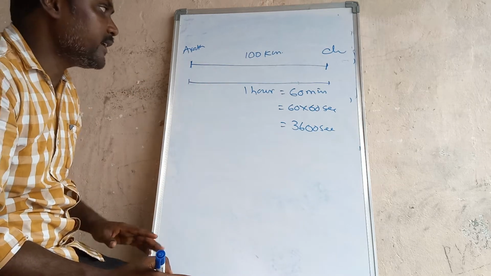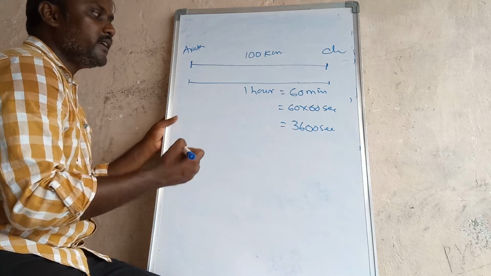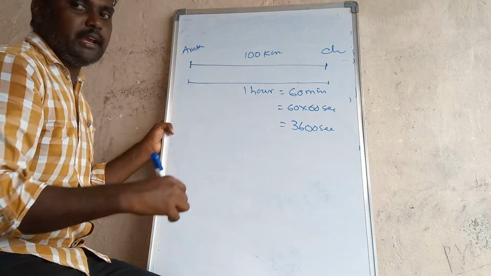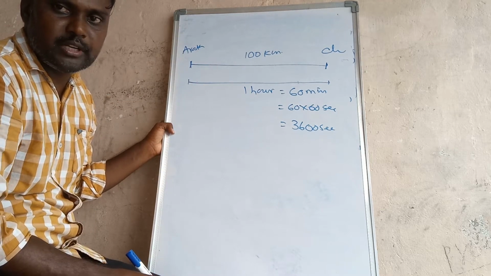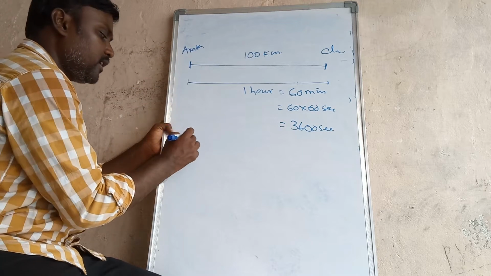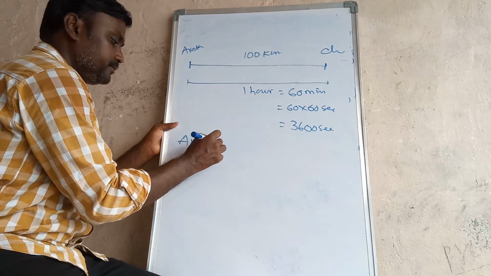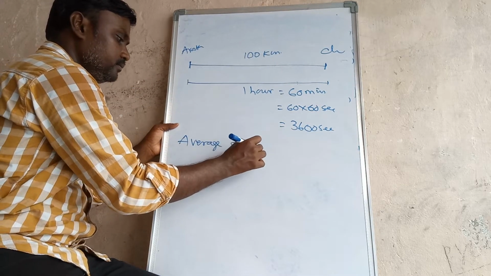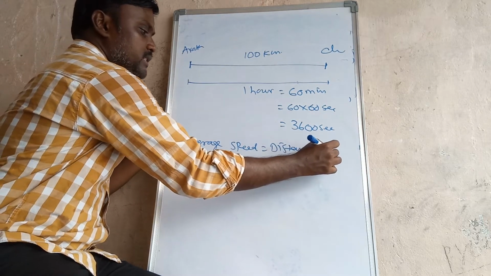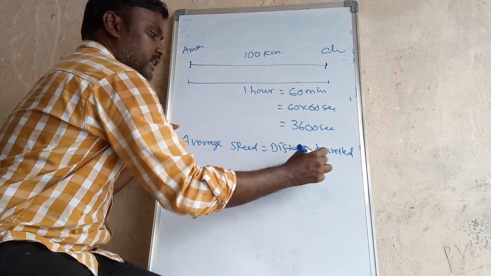In this particular case, we know with how much speed you have traveled from Arakonam to Chennai. Suppose you travel with the same speed, the formula is average speed: distance traveled by time taken.